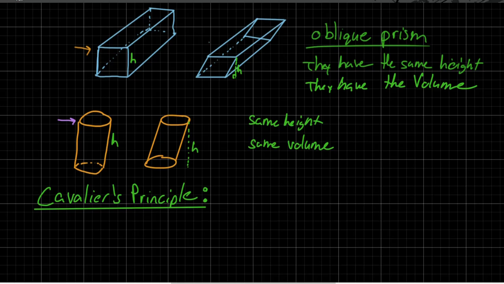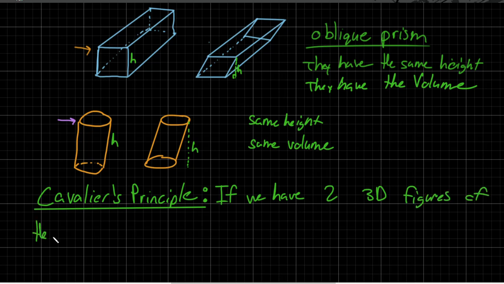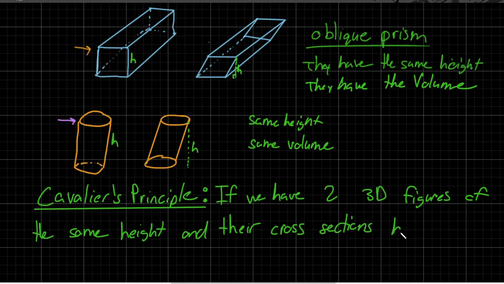This says that if we have two 3D shapes of the same height, and their cross sections have the same area, then the volumes are equal.